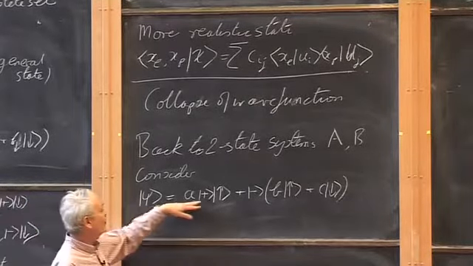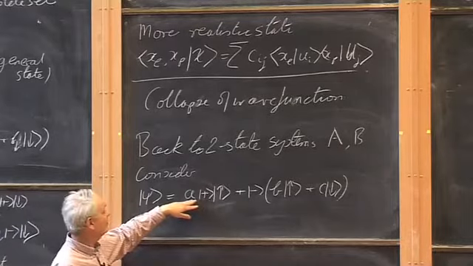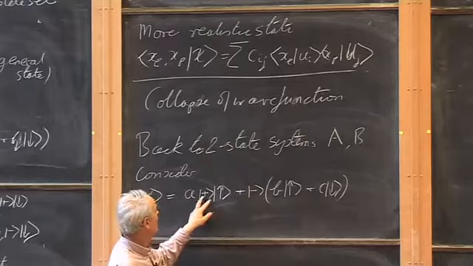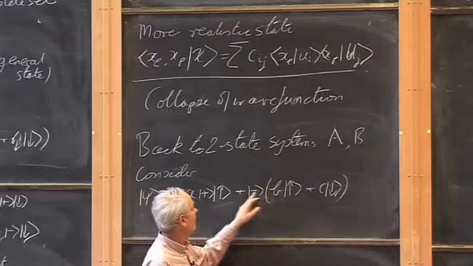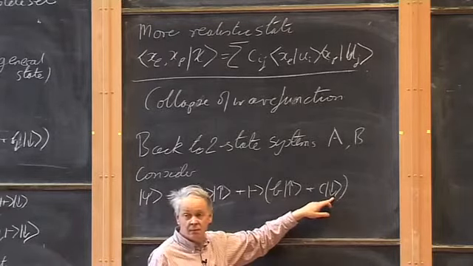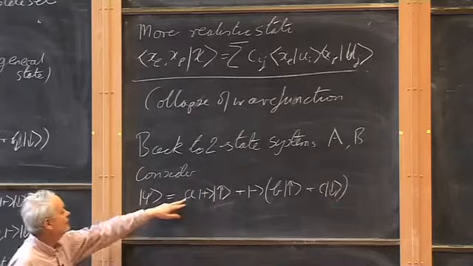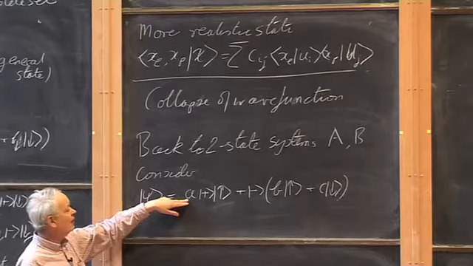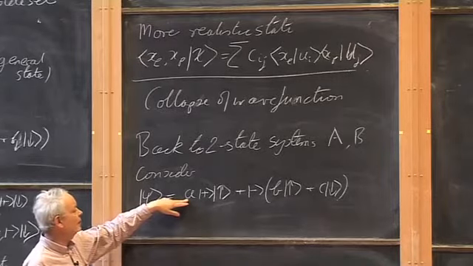It is a well-defined state of the system because it's a sum of 3 of the 4 basis states that we were discussing, right? It's a sum of plus up, and minus down. This is the amplitude that if you would measure A and you would measure B, you'd find that A was plus and B was up.